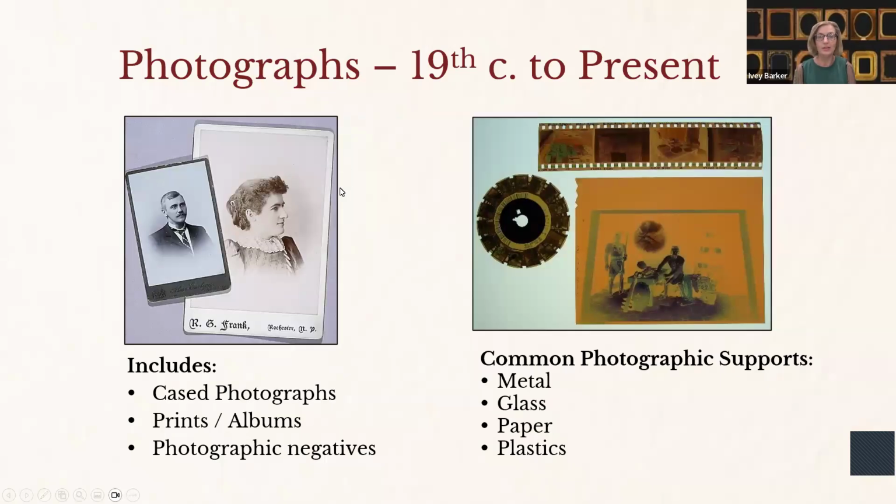So as you can see, there's a wide range of sizes, formats, and materialities in photographs that make it difficult and complex to decide how and when and what to use during the digitization process. Next slide.